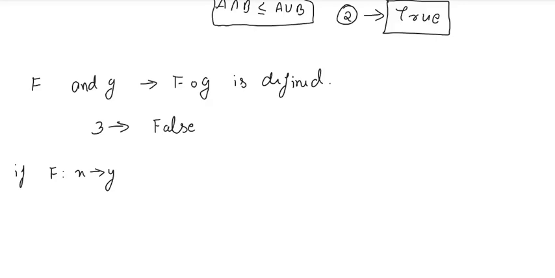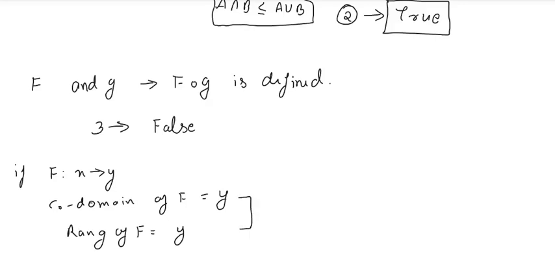So here we will consider the codomain of f is equal to Y, and the range of f is equal to Y. So the codomain of f is equal to the range of f.